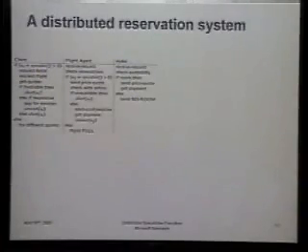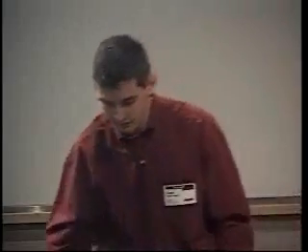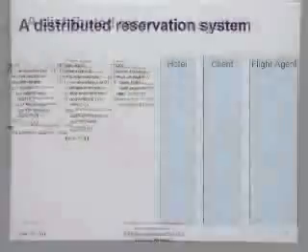We have 3 entities: a client, a flight agent, and a hotel. And this is your typical reservation system. The client wants to atomically guarantee that it can secure both a room at a hotel and a flight given certain time constraints and financial constraints. It has only a certain budget for this travel.